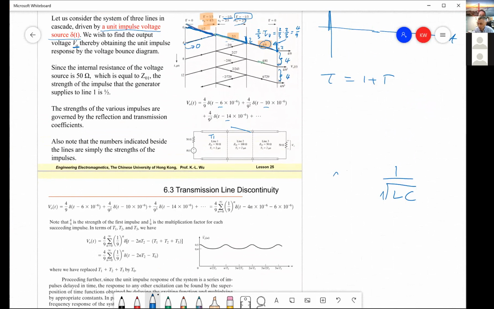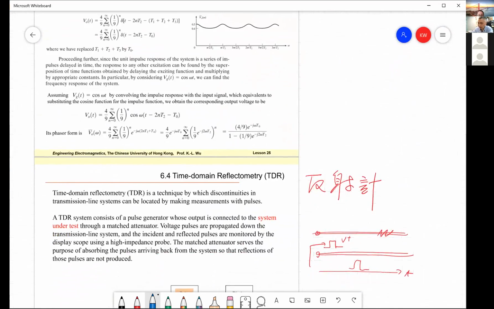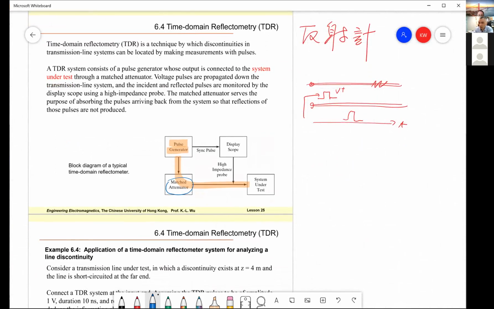I have a transmission line with matched internal resistance, so once the wave comes back, it can never reflect back again. There are many ways we can realize this. We call it a matched attenuator, which means the internal source is always matched to the system.